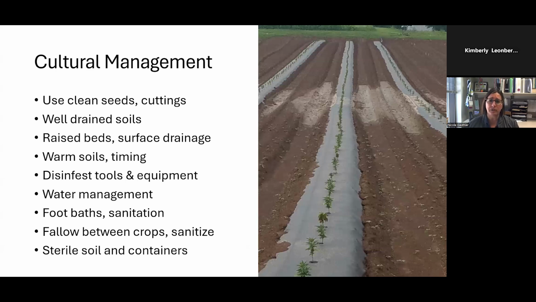Fallow your greenhouse or indoor production facility between crops and sanitize between crops, so not overlapping these crops. And every time we start a new crop, use clean, sterile soil, not reusing any media, and preferably either sterilizing containers if you're a small production or using new containers, so as not to have that hitchhiking or transfer of pathogens.